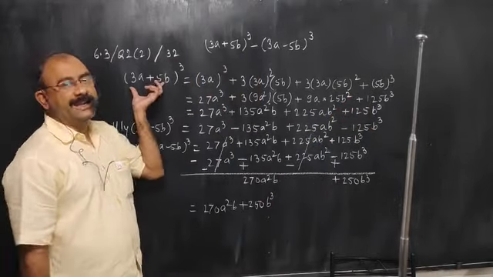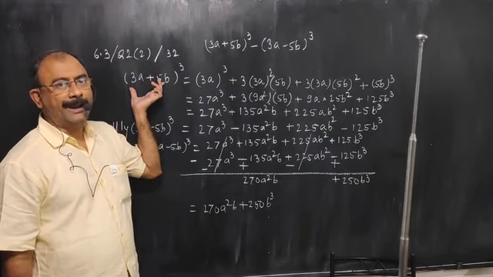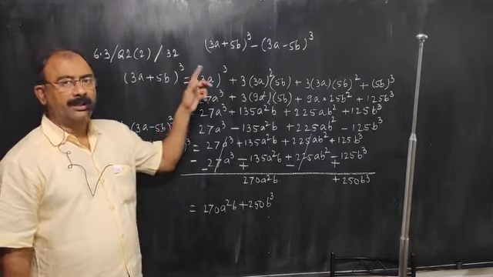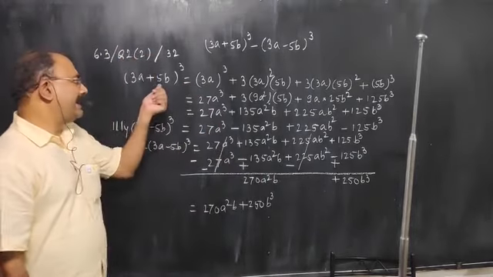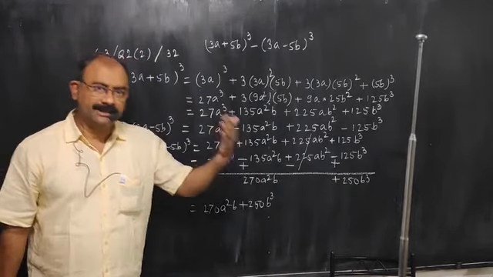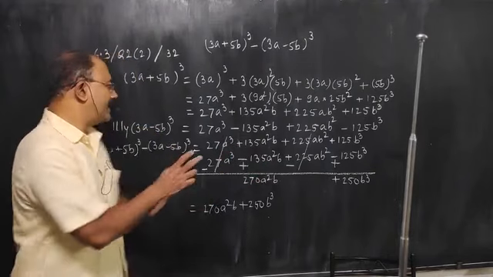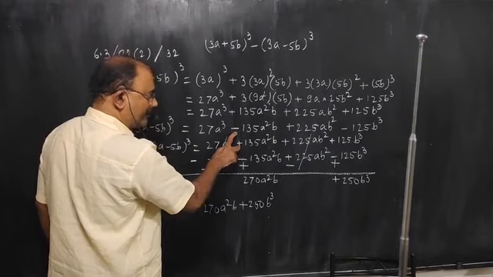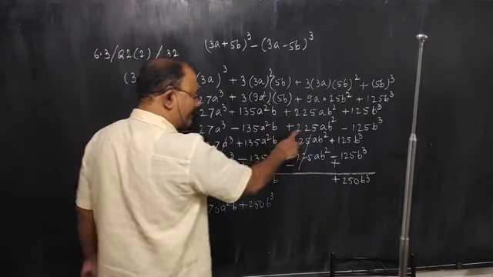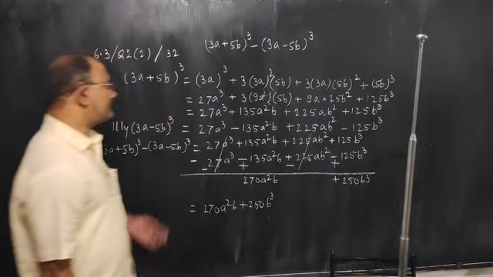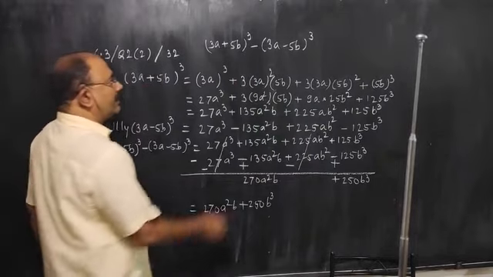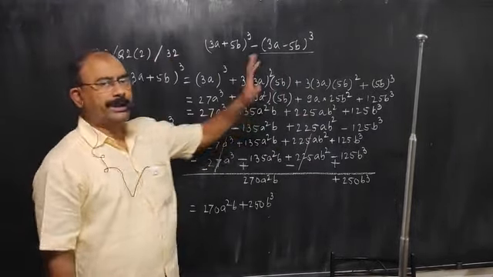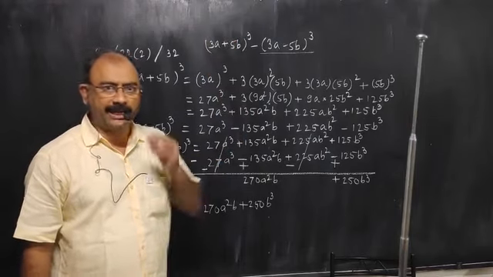Now if it is the expansion of a binomial having a plus sign cube, then if there is a minus sign here, the signs will oscillate. The first term will be positive, the second negative, the third positive, the fourth negative. I mean, if you want the expansion of this cube, you don't have to do the calculations again.